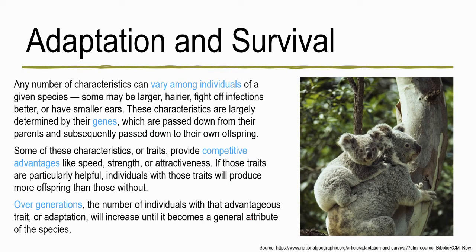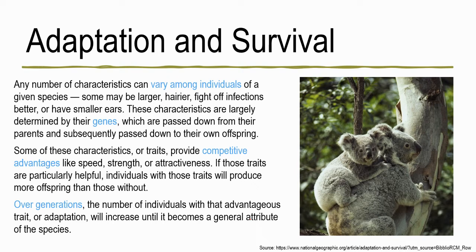Okay, so any number of characteristics can vary among individuals of a given species. So that's genetic variation. Some may be larger, hairier, fight off infections better, or have smaller ears. These characteristics are largely determined by their genes, which are passed down from their parents and subsequently passed down to their own offspring. Some of these characteristics or traits provide competitive advantages like speed, strength, or attractiveness.